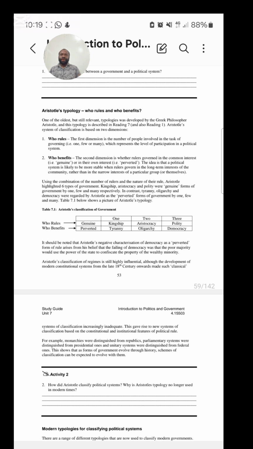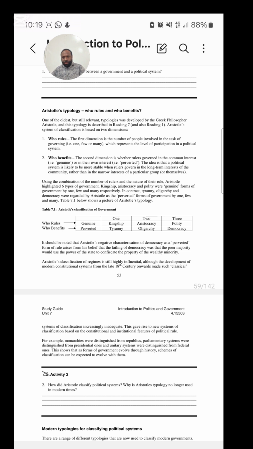When the leadership is good, there is genuine leadership throughout the society. If it's bad, it's perverted. So that is Aristotle's classification of types of political system during that time.